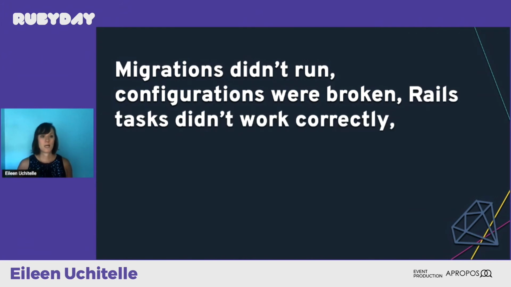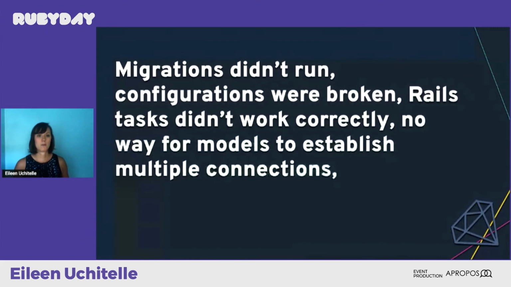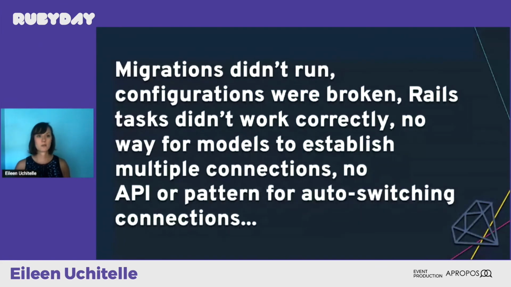There were no Rails tasks for creating, deleting, migrating, or operating on more than one database per environment. Beyond missing the basics that make Rails enjoyable, there was no way to establish more than one connection per class. There was no support for roles or shards or replicas. And lastly, there was no API or pattern for automatic switching.